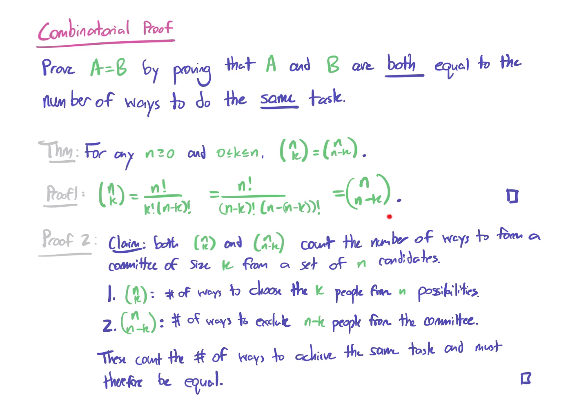We could have proven this claim with the algebraic proof no problem. But as we'll soon see, there are also much more complicated kinds of proofs that we can do, where doing a purely algebraic proof would not be rewarding or necessarily even possible, but doing a combinatorial proof is still easy and intuitive.